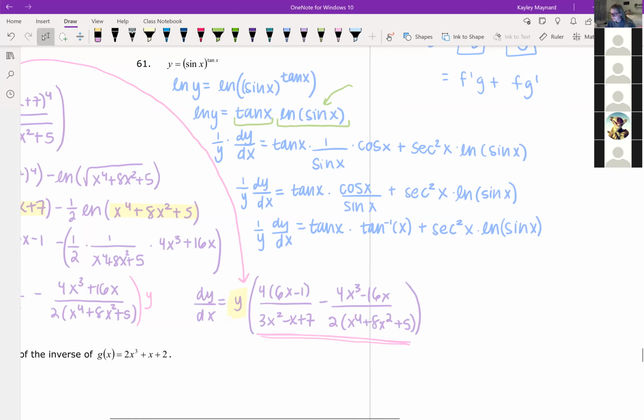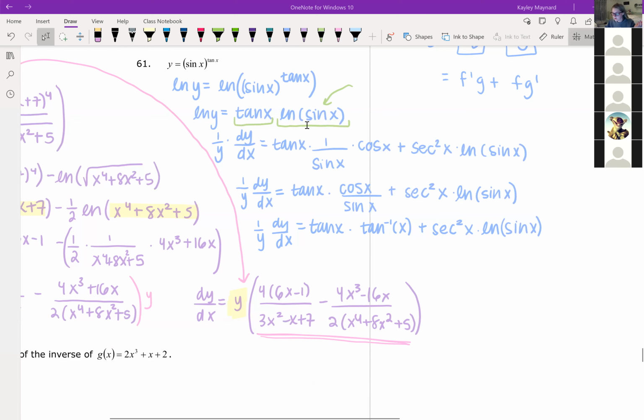Oh, there's a question. Why doesn't the tangent x go with the cosine on top of sine x? You could totally do that, and it's not wrong. It's just that cosine over sine can be simplified. It's just a matter of getting the simplest answer.